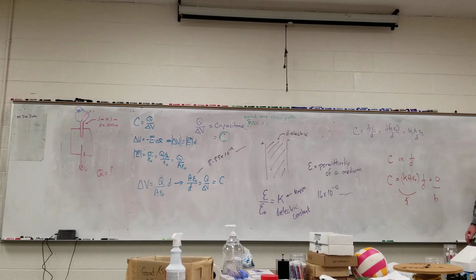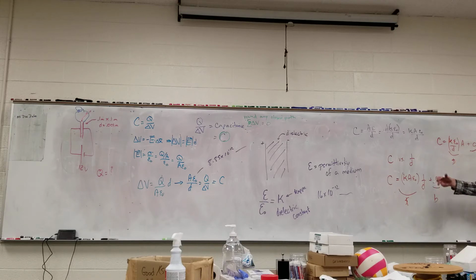Or, if you're plotting capacitance versus area, then we have kappa epsilon sub naught over the distance times my area plus 0, and there's my slope, and there's my intercept, ideally.